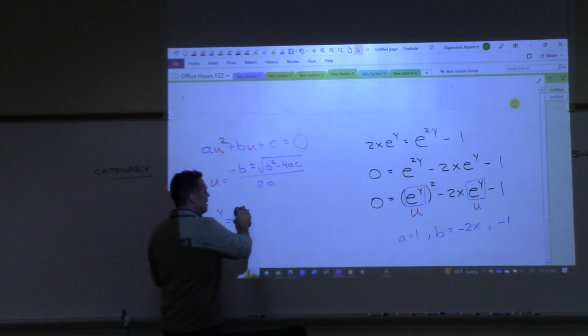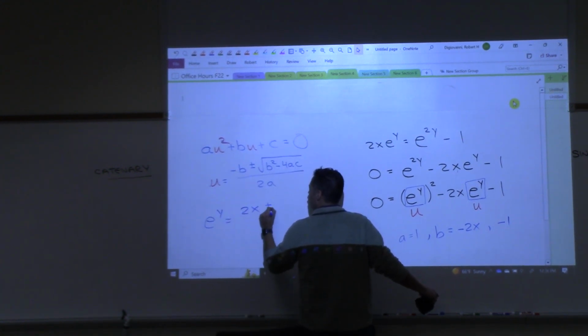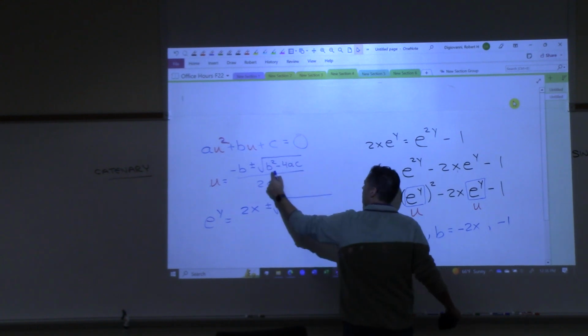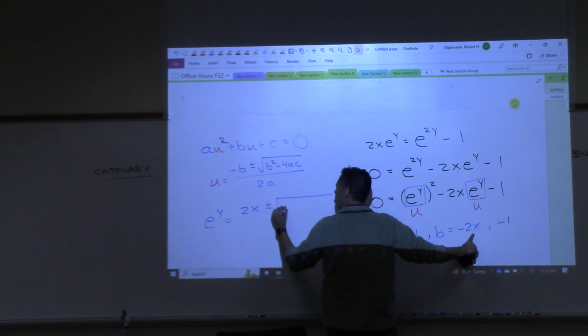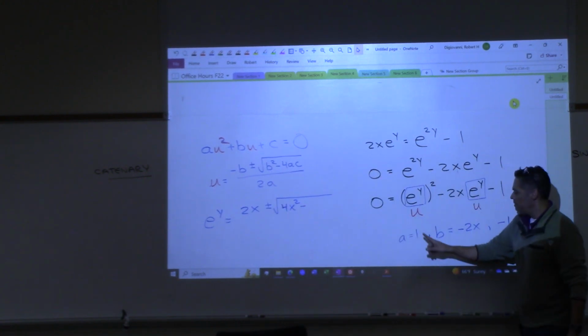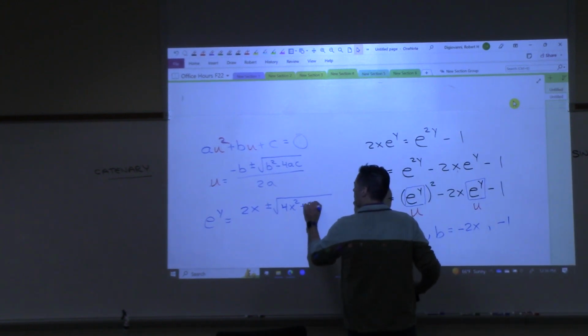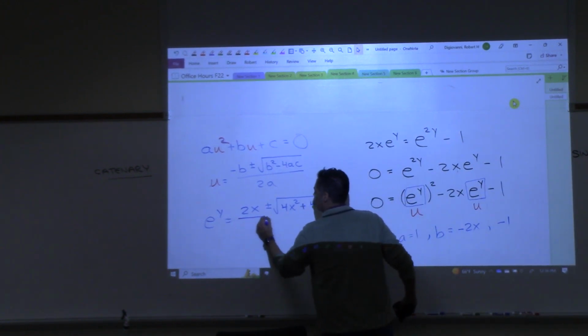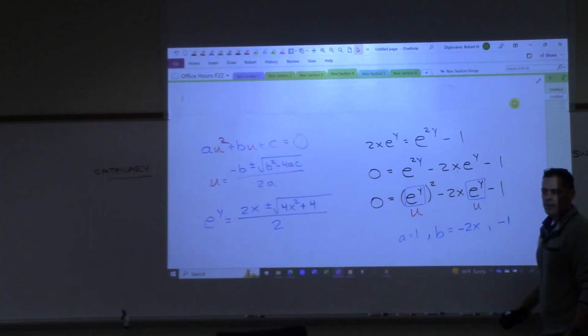So negative, negative, so it's positive 2x plus or minus the square root. b squared for us is, square that, 4x squared, minus 4 times a times c. Negative 4, but then it's subtracted, so plus 4, all over 2.